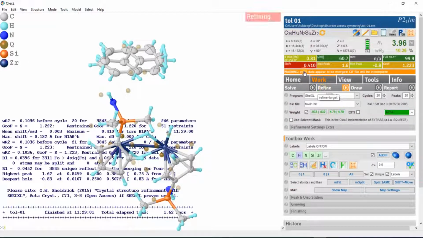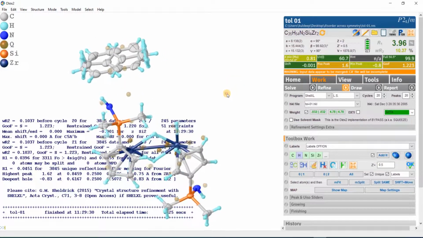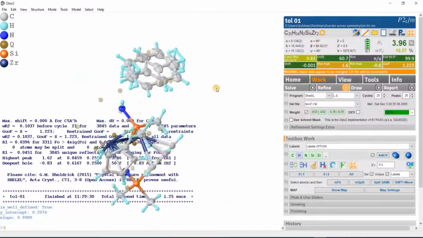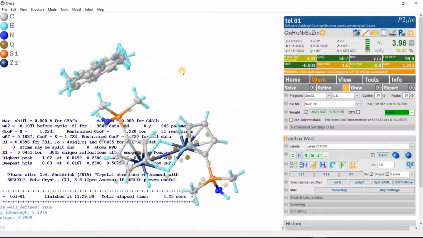Hope it will settle down the shift this time. Yes. Now the refinement converges. If I look at the F observed F calculated graph, it looks very nice. Thanks for watching the video.